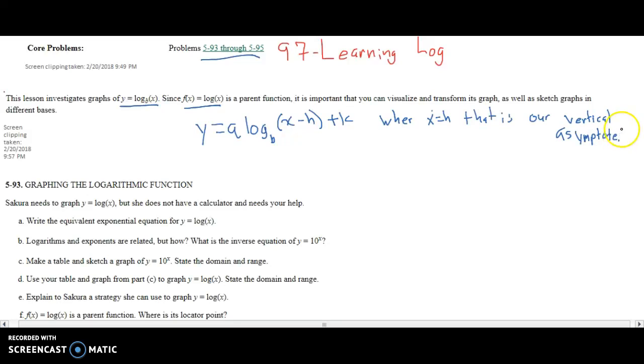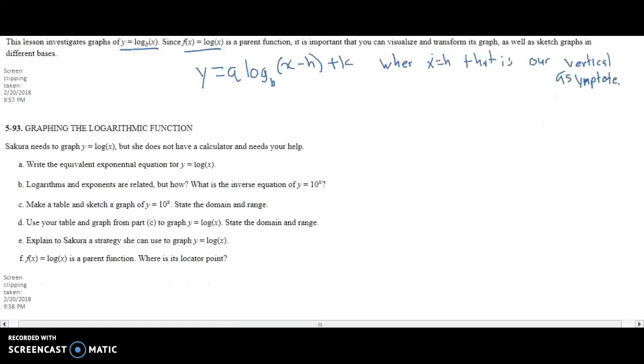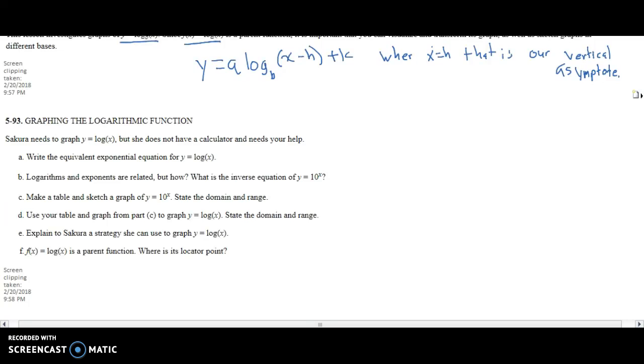When we're done with exponentials, it's the k that's a horizontal asymptote. But now, because this is an inverse, the h is our vertical asymptote. Hopefully that helps you start to visualize what's going on.